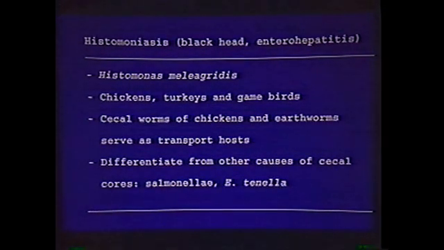It's common in game birds, and as I mentioned before, the cecal worms of chickens can act as transport hosts. Similarly, whenever earthworms pick up eggs of Heterakis that are laden with Histomonas, the earthworm becomes a source of infection to game birds or turkeys, and it becomes evident whenever we have rainy weather.